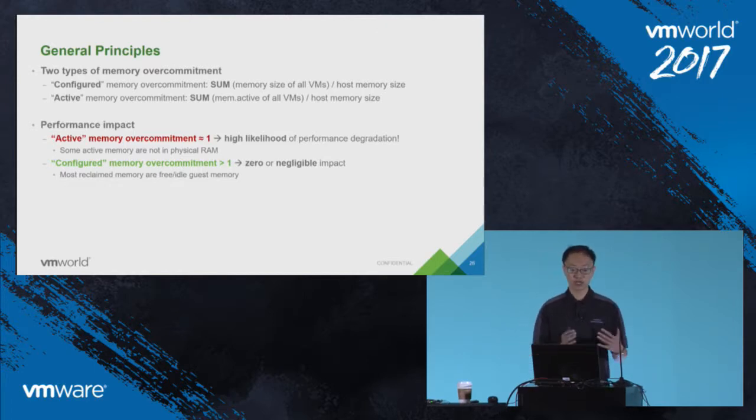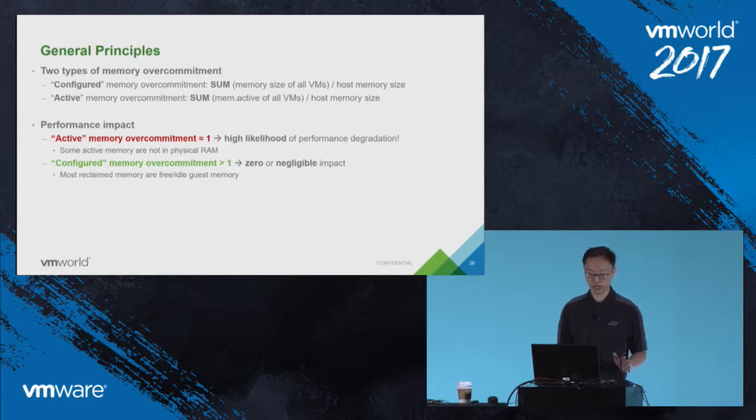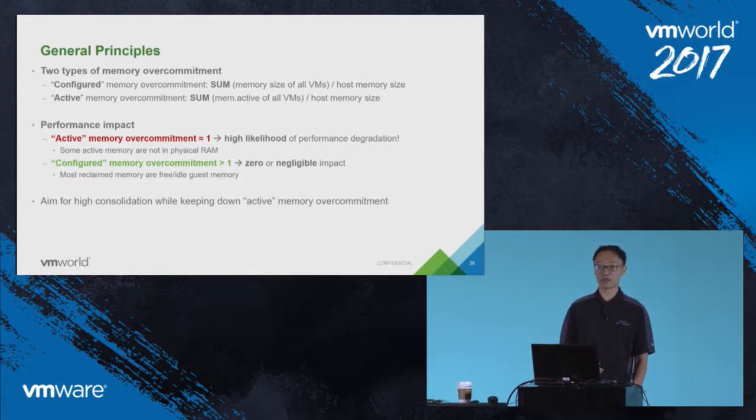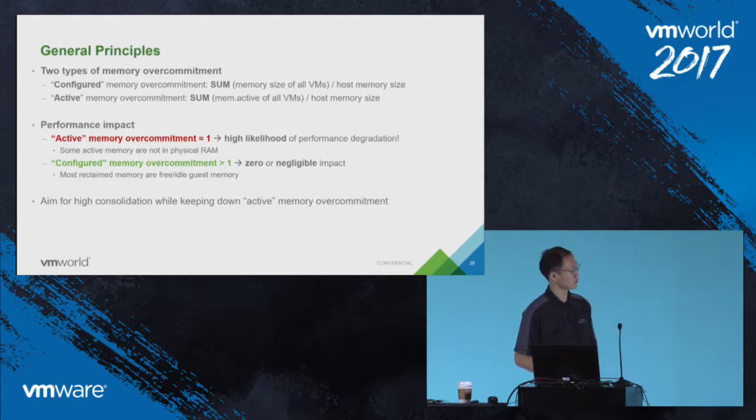On the other hand, config memory overcommitment, if you're not using all that configured memory, is totally okay, because we mostly reclaim memory from the idle pool. So the key guideline is that we should always aim for high consolidation while keeping down the active memory overcommitment. Make sense?